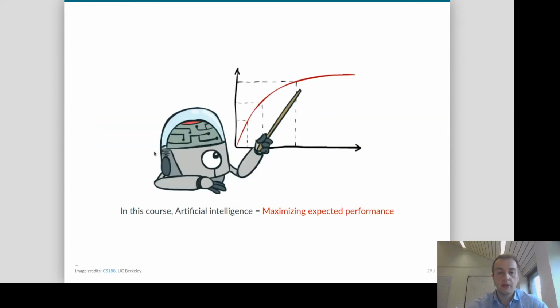So in this course, the first thing that you should remember is that from now on, the working definition of artificial intelligence that we'll use is the one in which your agent tries to maximize some kind of expected performance.